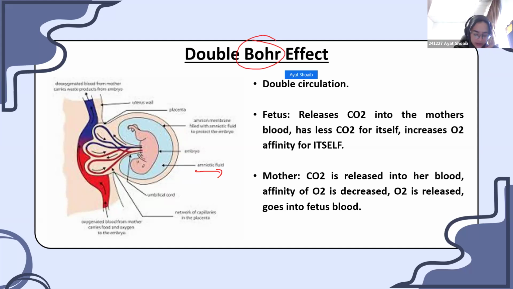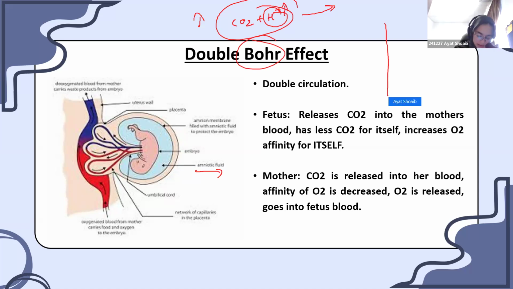We learned that the Bohr thing is CO2 plus H plus increases, and then they change the conformation of the hemoglobin molecule, and then you have to force the O2 in, right? I'm hoping you guys remember this by then. What happens here is, let's make this the fetus blood, and this is the mother's blood.